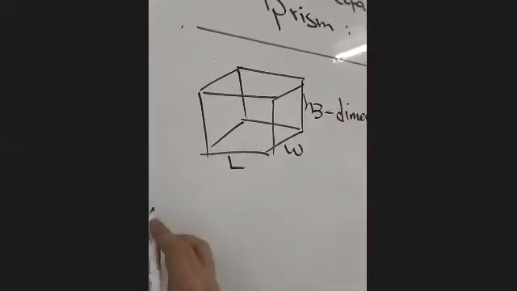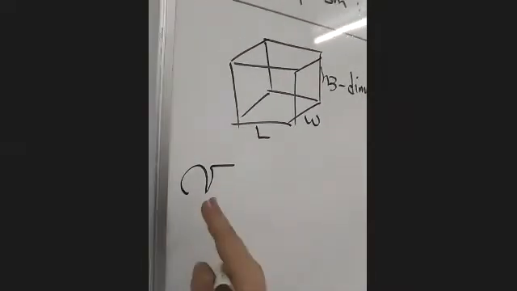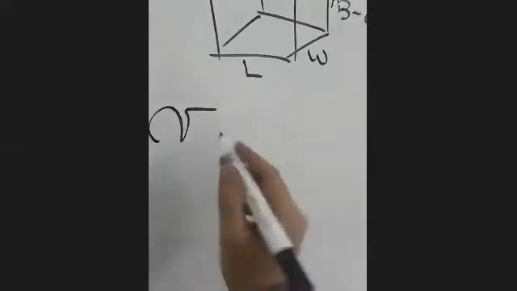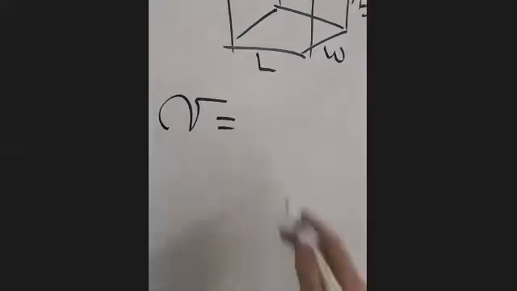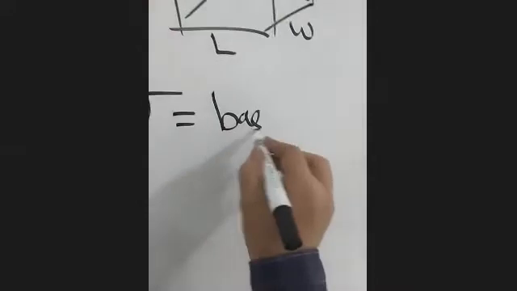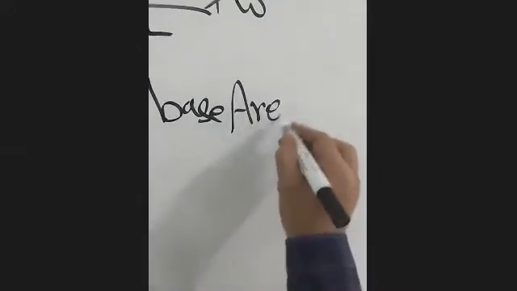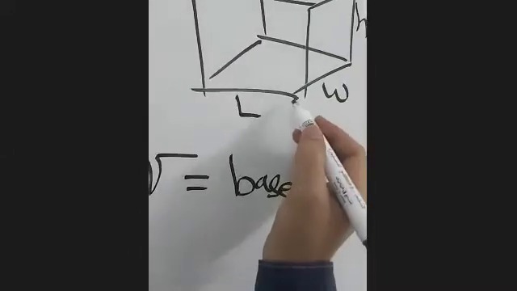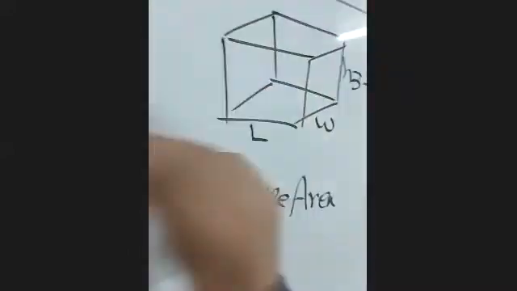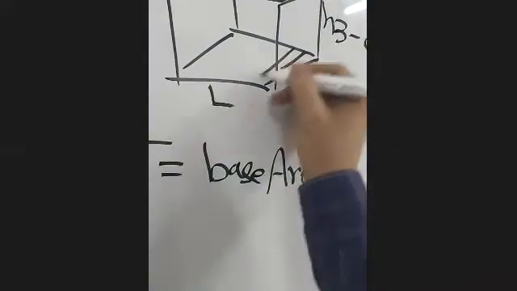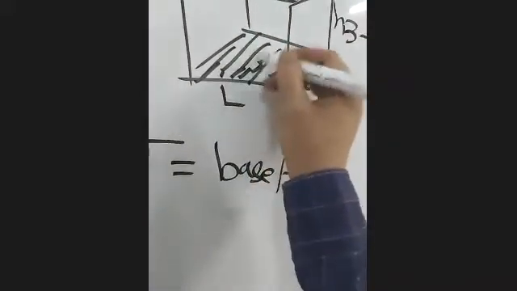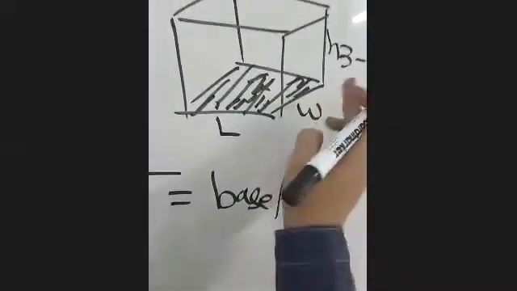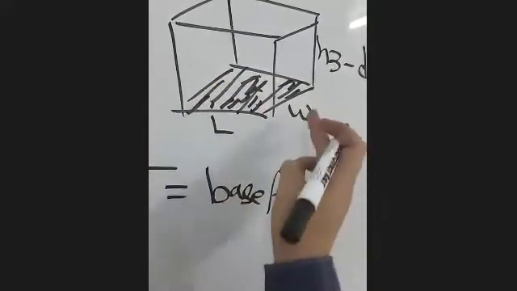The volume in general for any prism, not only this, is base area. When I say base, I'm not talking about line like area, no. I'm talking about the whole base figure down, the floor, I mean. This one, this rectangle.